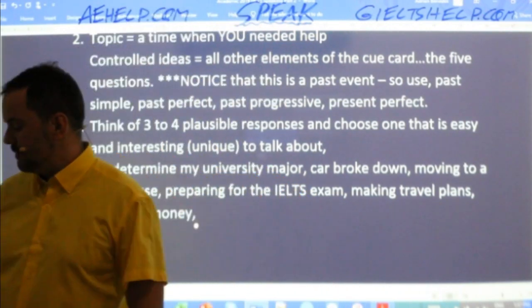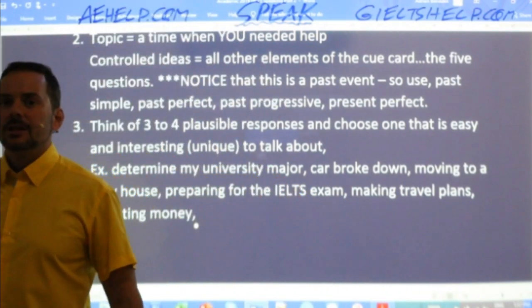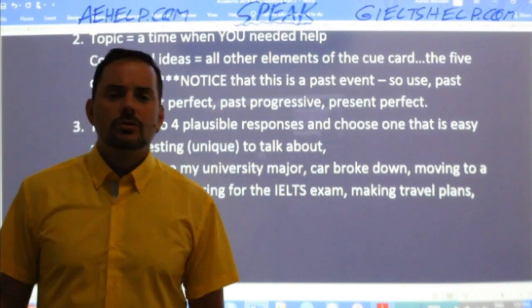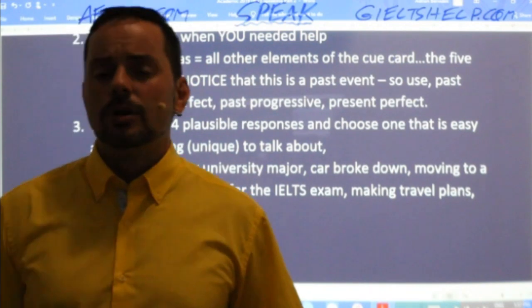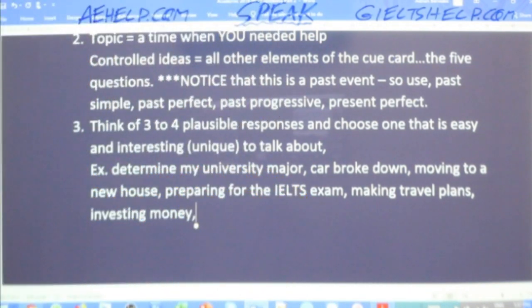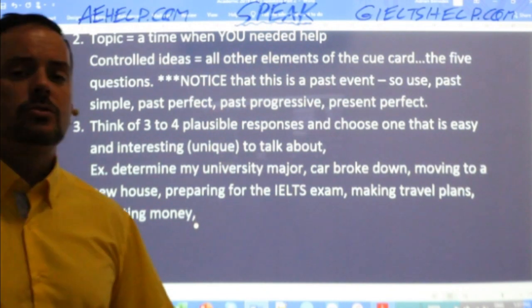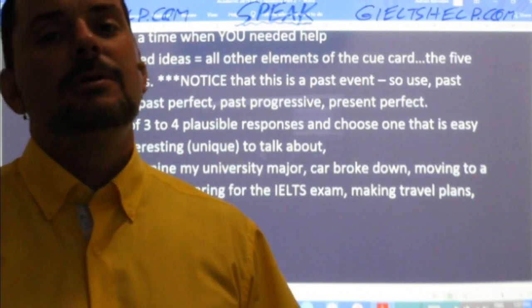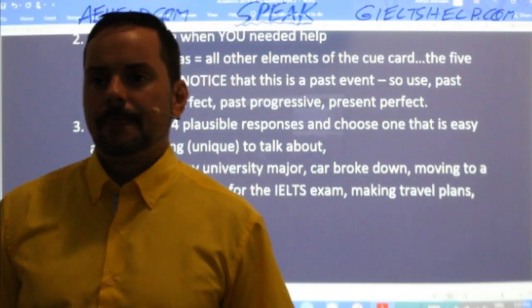So you should have about 30 to 40 seconds at least to think of some good points for your speaking as well. So steps 1, 2, and 3 should really take you around 20 seconds. If it's a real thinker, maybe 30 seconds, but no more.